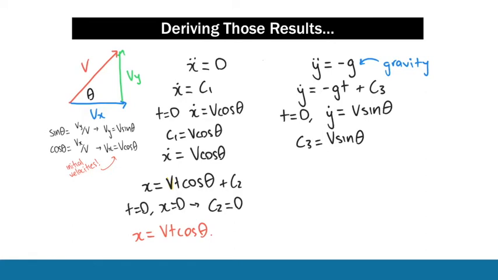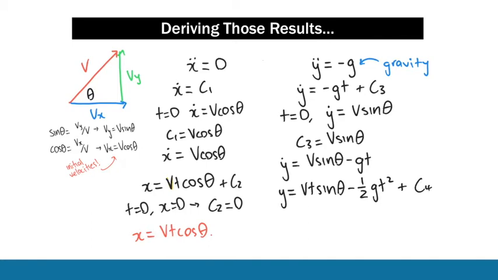So that means that our vertical velocity is v sine theta minus gt. If we now integrate that, very similar to the left, this first term will evaluate to vt sine theta, and this second term will go to 1/2 gt squared.